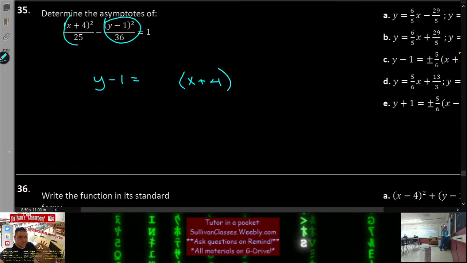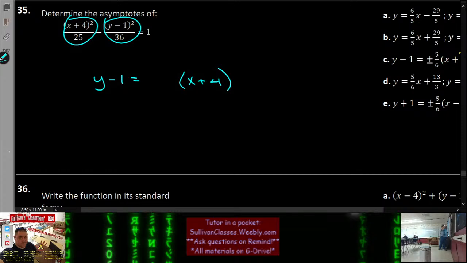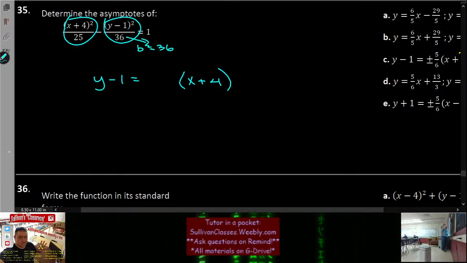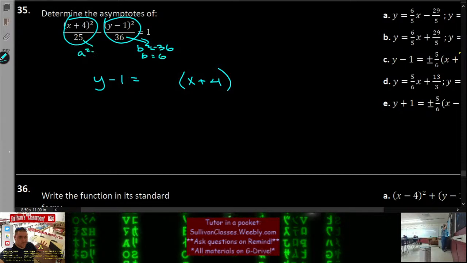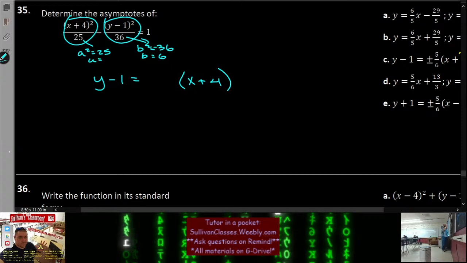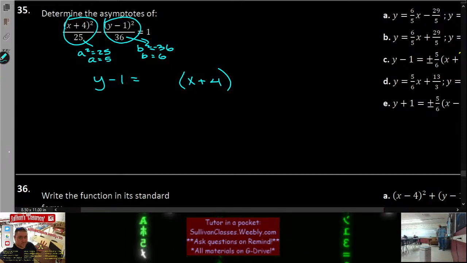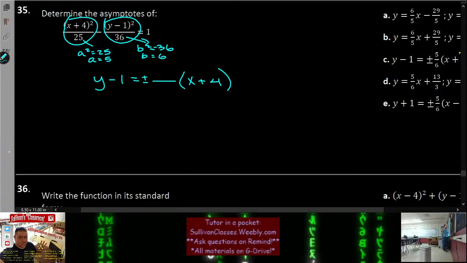Slope is always y's over x's, rise over run. So in this case, b squared is 36, b is 6. A squared is 25, a is 5. Because this is a horizontally opening hyperbola, I'm going to have plus or minus b over a.